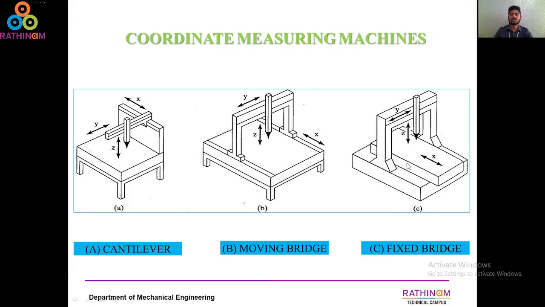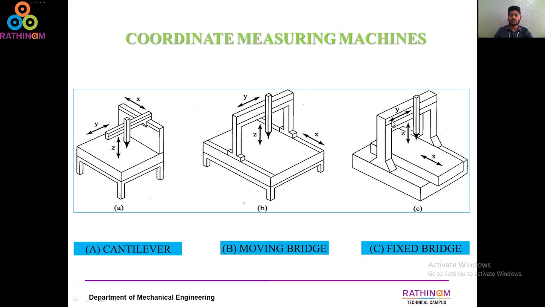Then the third one is a fixed bridge. Here the bridge does not move, only the table moves. In the moving bridge, the table cannot move, but the bridge can move. So this is the difference between them. Otherwise it is the same working principle.